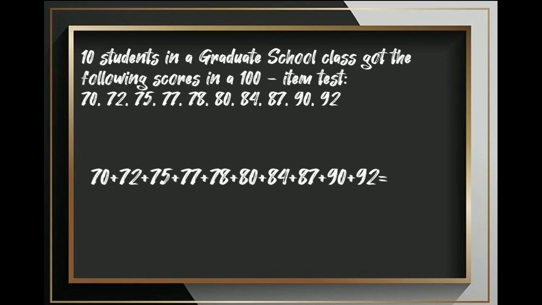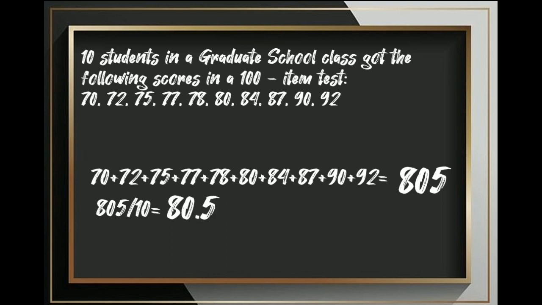And that would be equal to 805. So 805 divided by 10, since 10 is the number of students in a graduate school class who got the following scores in a 100-item test, and this is the number of values in this given data set. So 805 divided by 10 is equal to 80.5. And this is the average score of the group, or this is the mean.